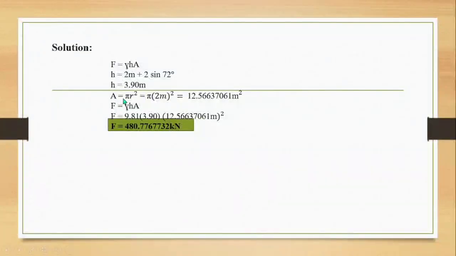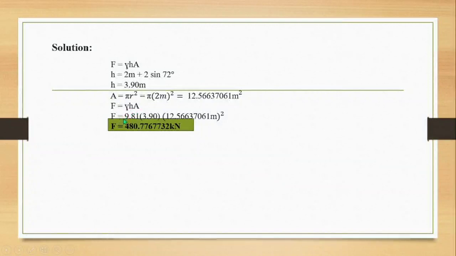So kanin sa A equals pi r squared, ang ato pi tas times nato sa atong given na 2 m squared, tas ang ato makuha na answer para sa area is 12.56637061 meters squared.